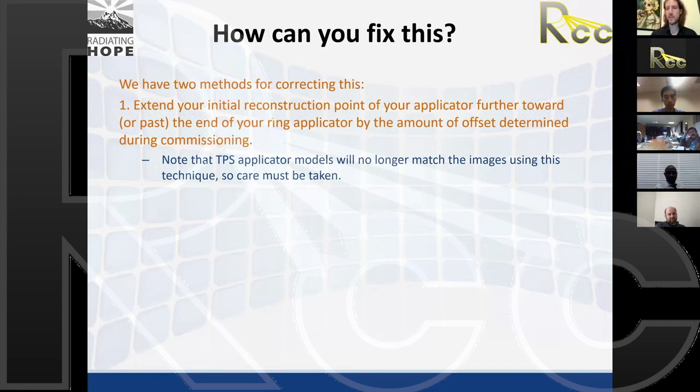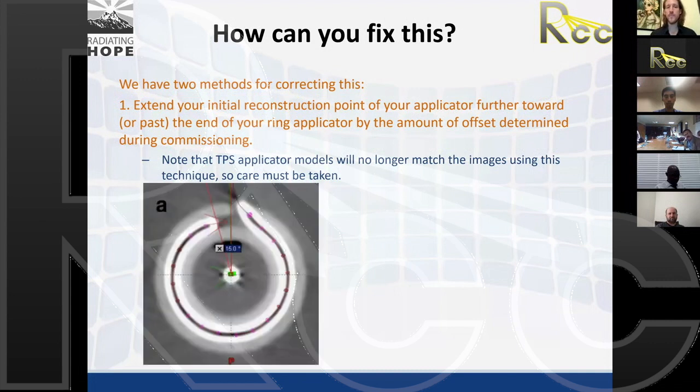Okay, but you have to be a little bit careful because if you're using applicator models, now if you're shifting the first reconstruction point further past that inner lumen, then your solid applicator models will now no longer match by that same amount. Okay, so there is a little bit of a risk there.